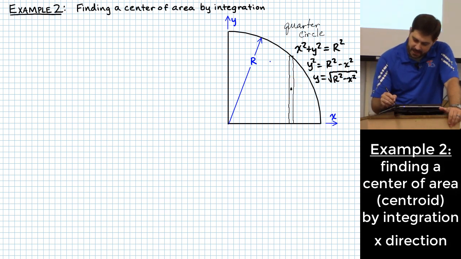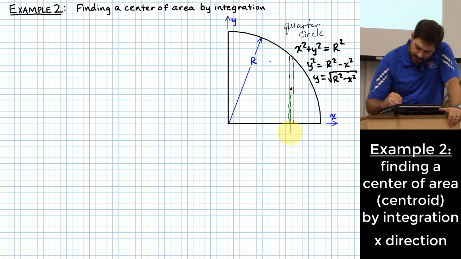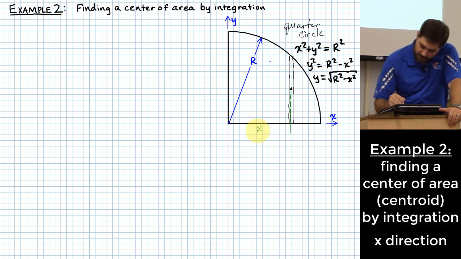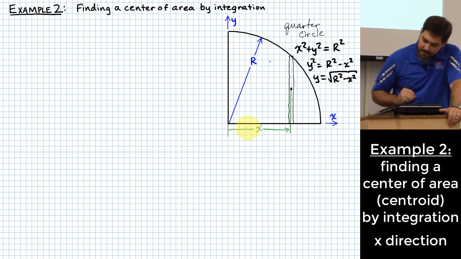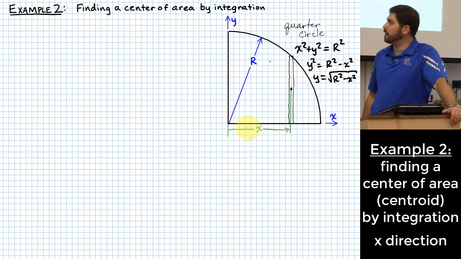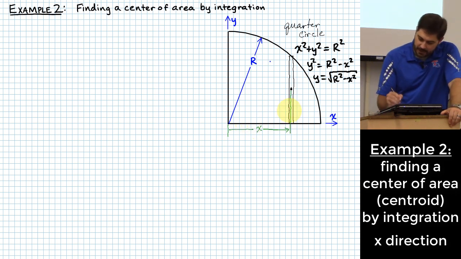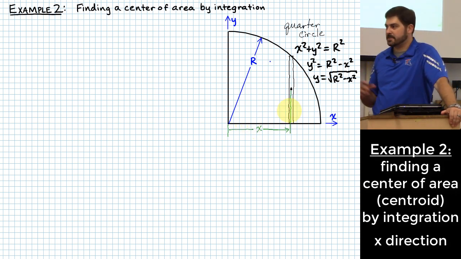And what is it just generally? It is just the x coordinate based on how I centered this thing. So whatever my x value is at that location, that is the x location of the middle of that rectangle. Now I could make the width of this something finite in size, let's say a delta x, but then I'd have a finite number of them.